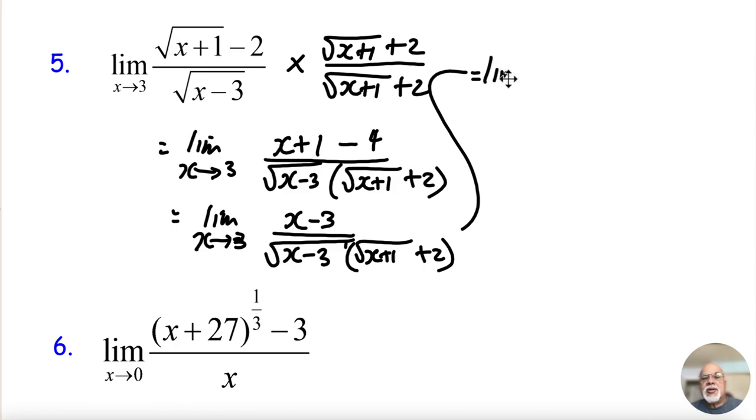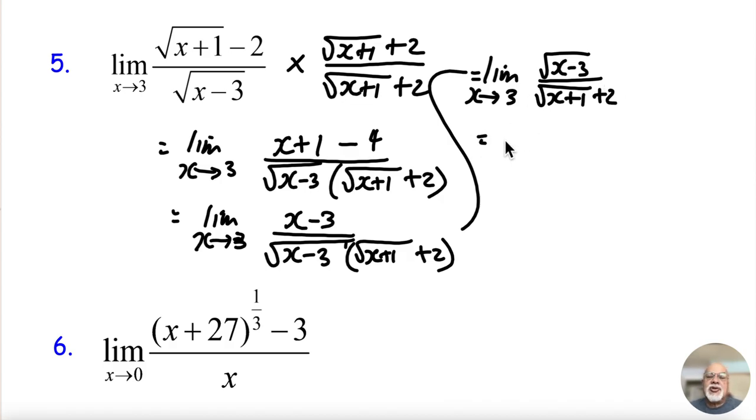And this becomes the limit as x goes to 3. Now, x minus 3 on the top divided by the square root of x minus 3 would be the square root of x minus 3. And we've got that divided by the root of x plus 1 plus 2.